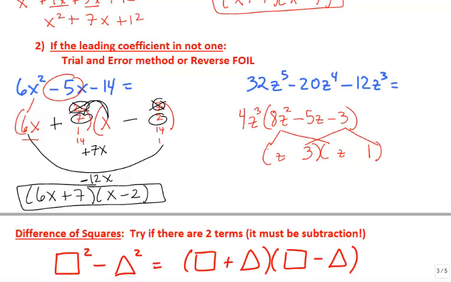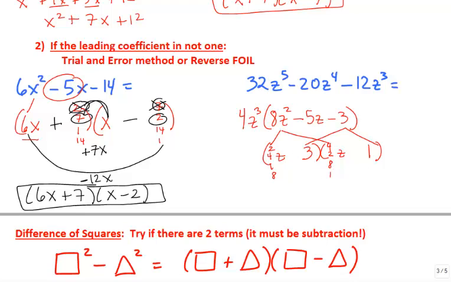So what I mean by that is if I put 2 times 4, that will get me 8z squared. But I may have a different middle term if I put the 4 first and then the 2. So you have to consider both alternatives. We could also do 1 times 8 or 8 times 1, and that would give me 2 potential solutions as well. So how do I know which one's going to work?